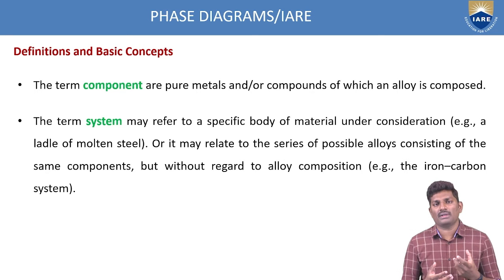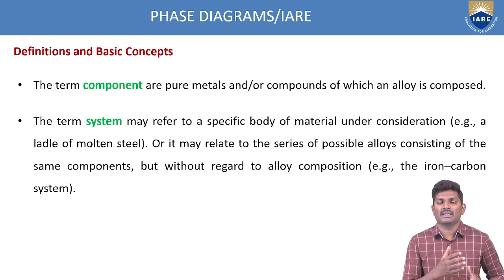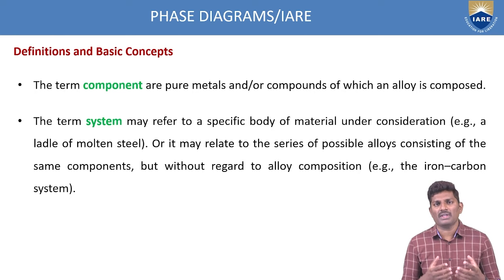So once I say component, you have to understand that a component is a pure metal which is composed of alloys. And a system refers to a specific body. These are some of the definitions we use to describe concepts.